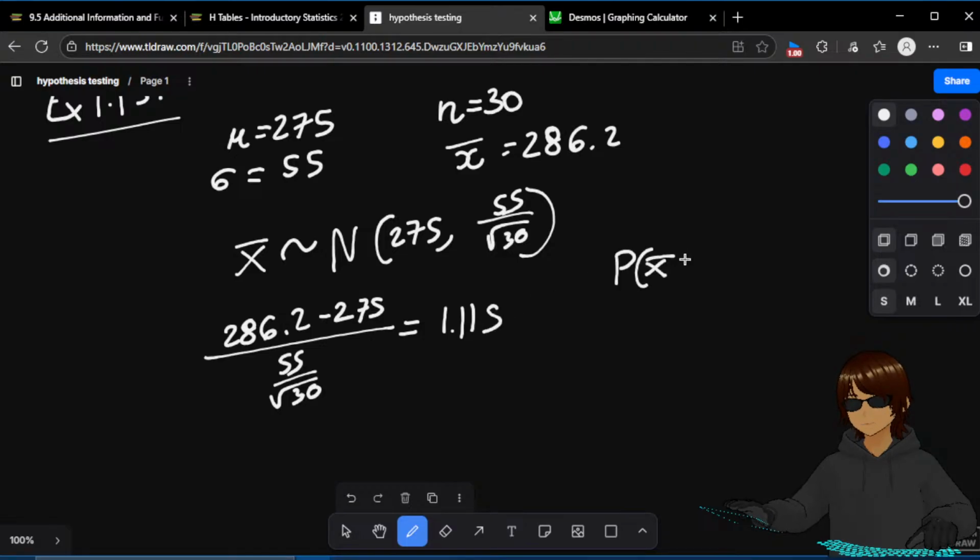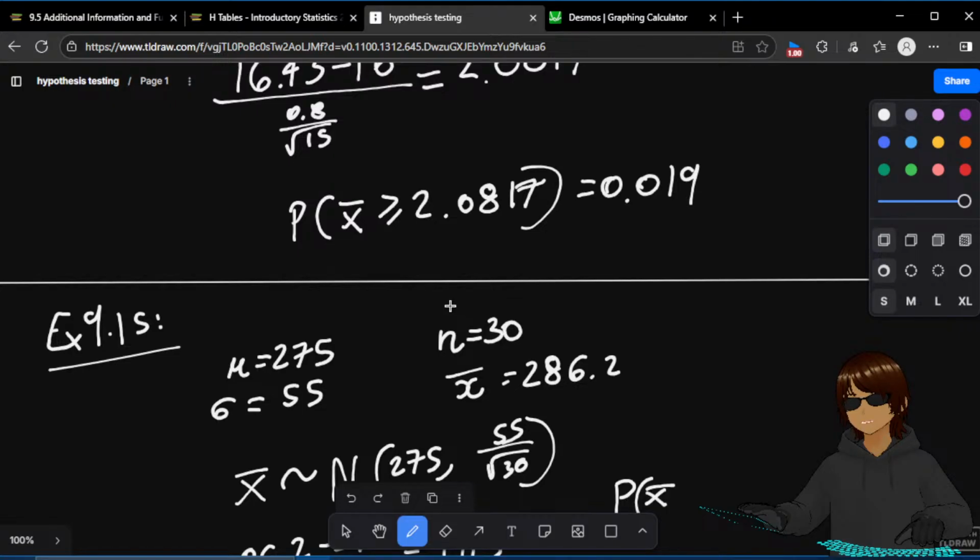Probability that, no, it's not probability that x.